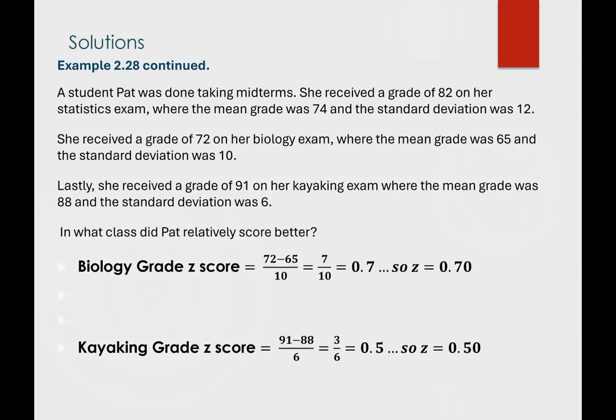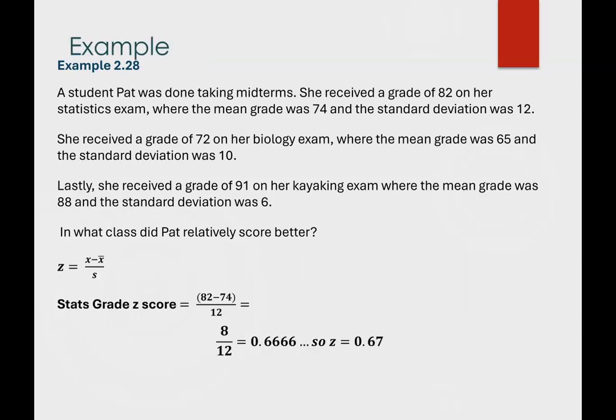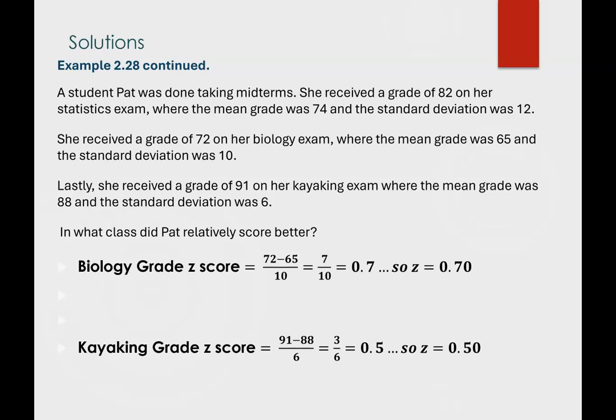So if we look back at what our statistics was, 0.67, and biology 0.7. So biology was the one where she scored relatively better. So the answer for that would be biology, and here's showing why.